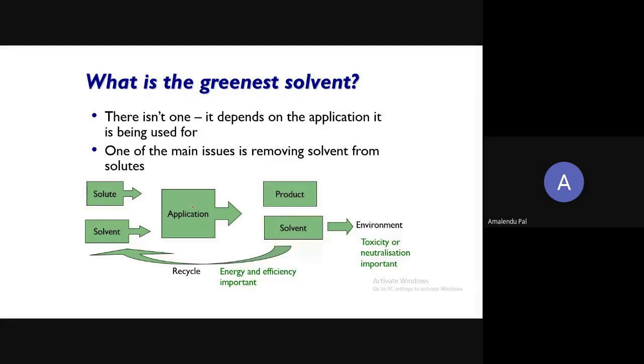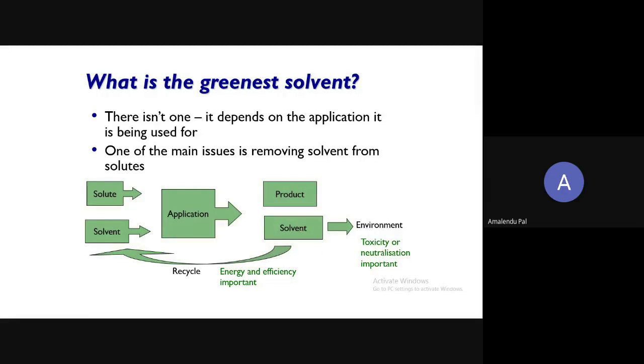In the application part we get the product, and the solvent is the byproduct. If we throw that byproduct solvent into the environment, and the solvent is toxic, then you see how the problem comes.